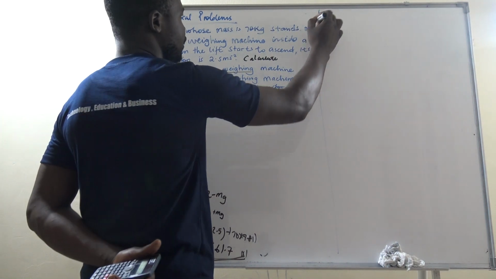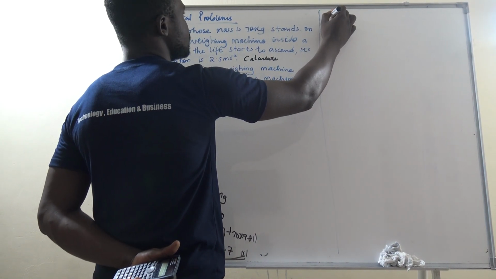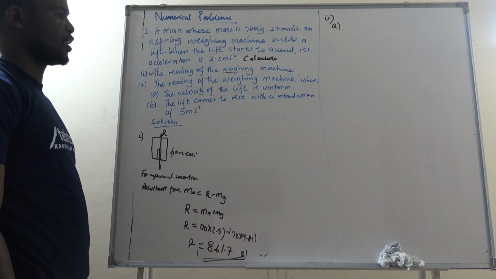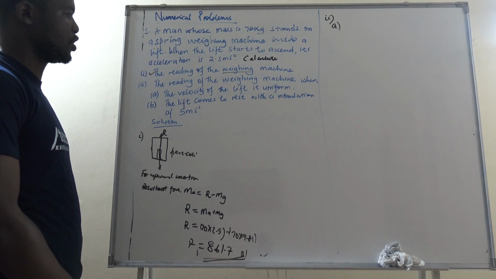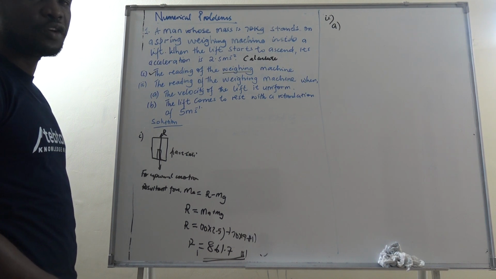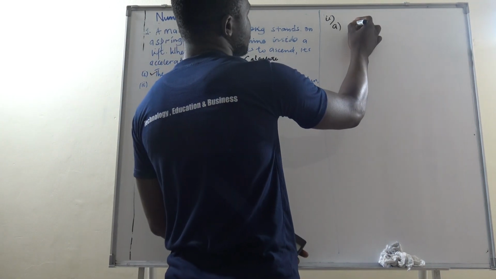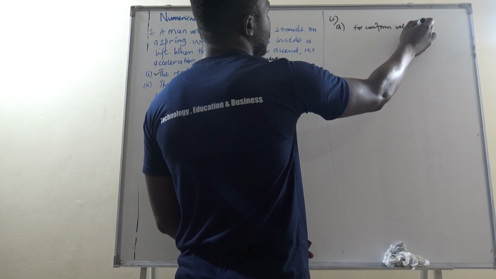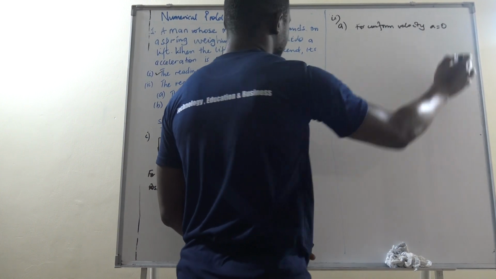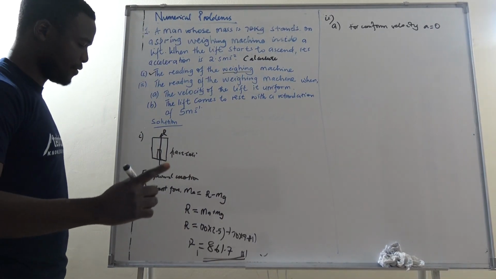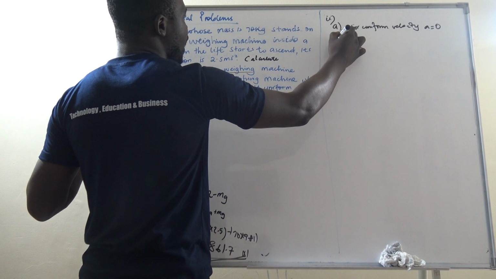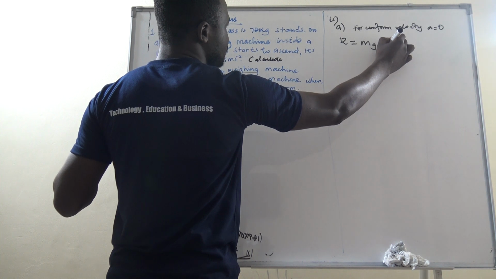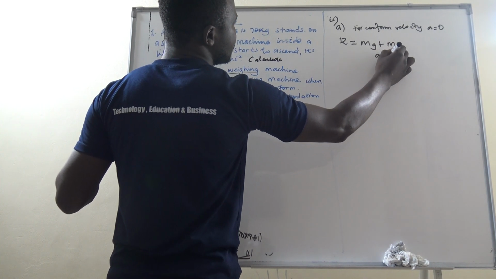Now let's look at Roman numeral 2. Part A, they say that we should get the reading of the machine when the velocity of the lift is uniform. For uniform velocity, acceleration is equal to 0, and therefore our reaction R is mg, from R equals mg plus ma, but a is 0.